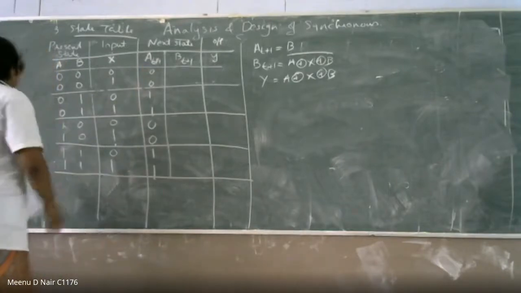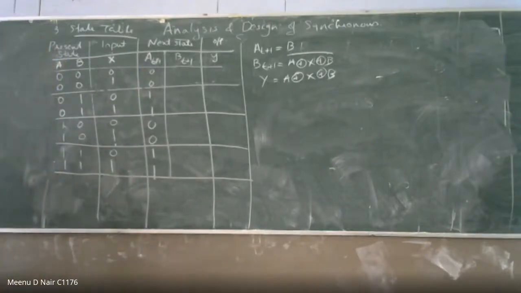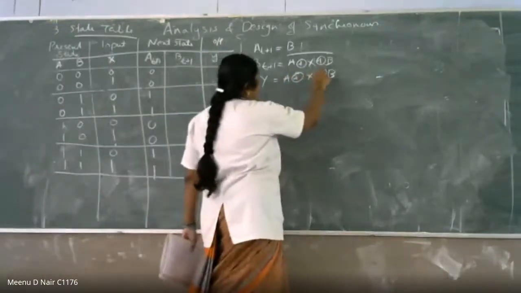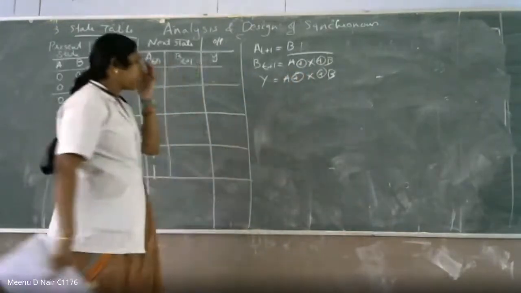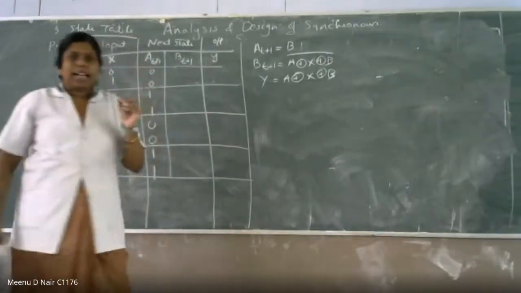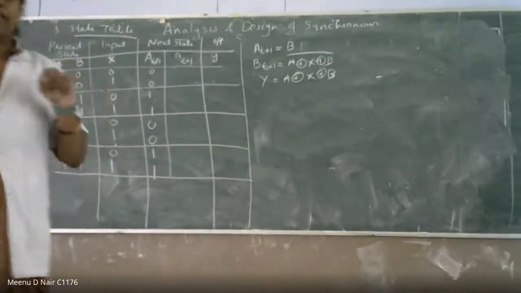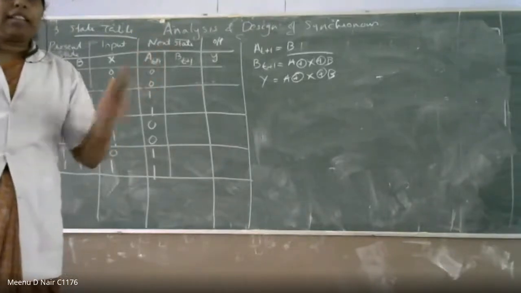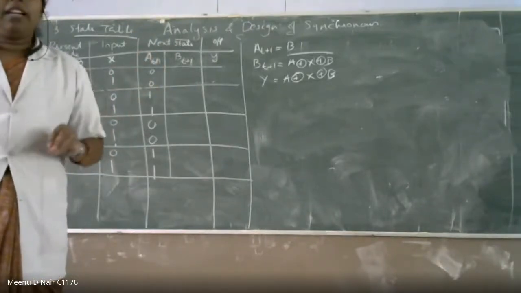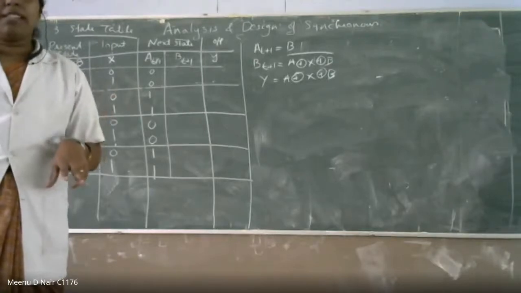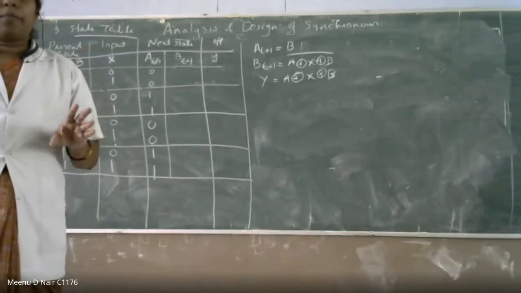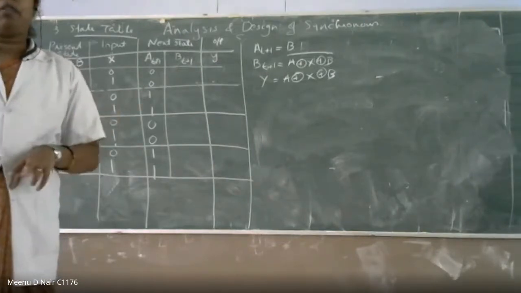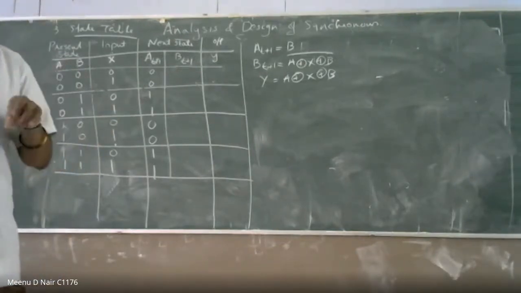Okay. Then what about B(t+1)? B(t+1) is nothing but A XOR X XOR B, the whole bar. For an XOR gate, with three inputs, whenever there is an even number of 1s, it will produce the output as 0.